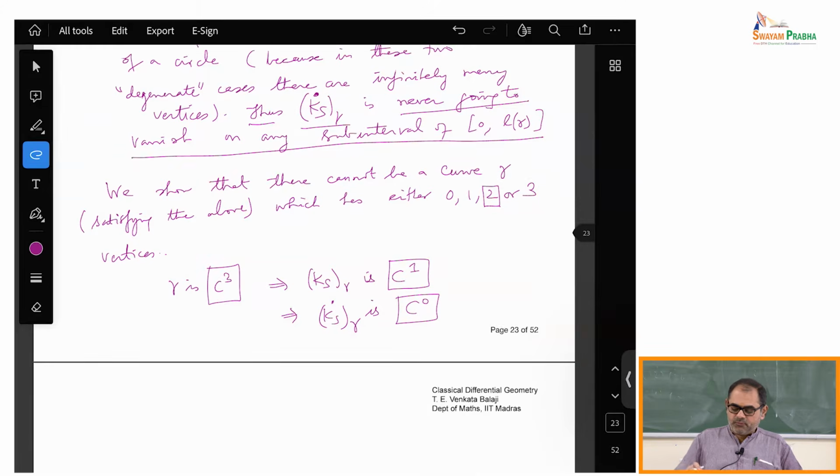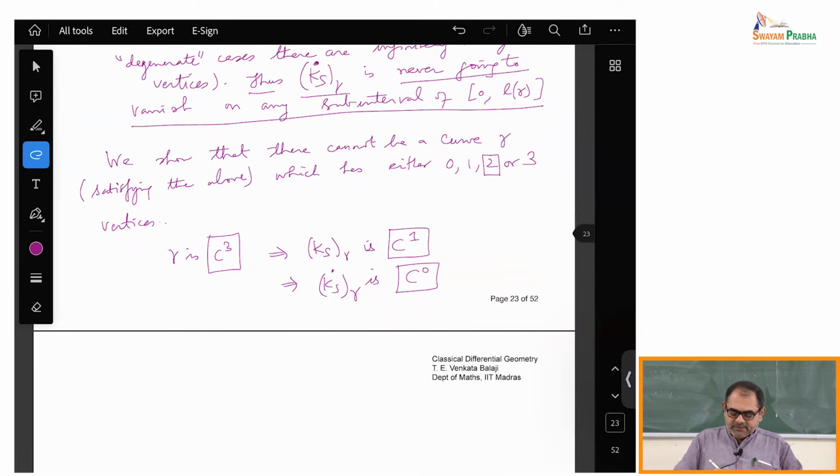Now look at the curve from the closed interval 0 to L gamma into R2.